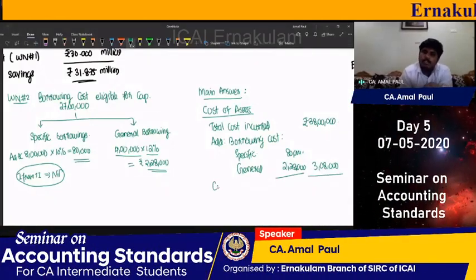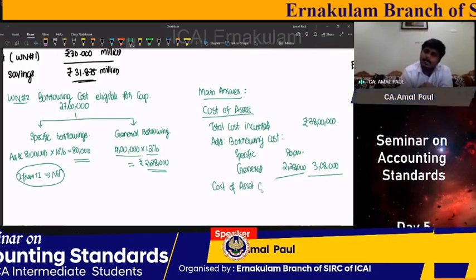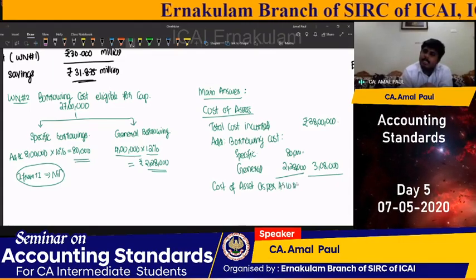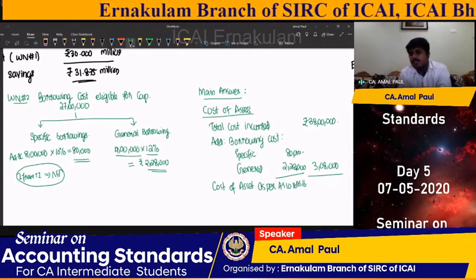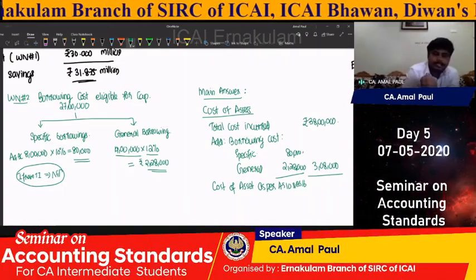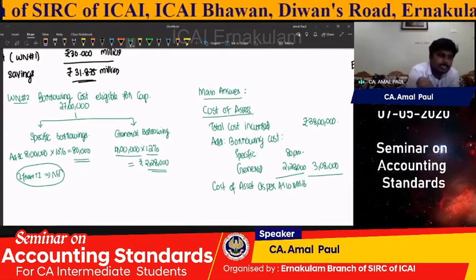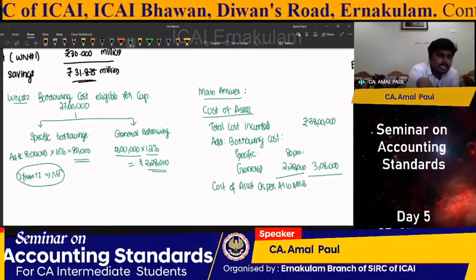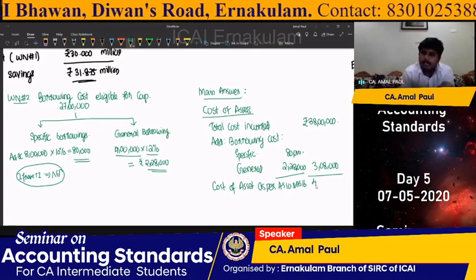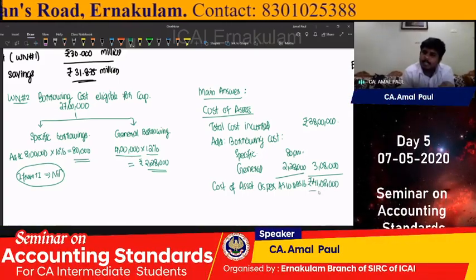Therefore, cost of asset as per AS10 and by applying the provisions of AS16 is 38 lakhs plus 3,08,000, that is nothing but 41 lakh 8,000 rupees.